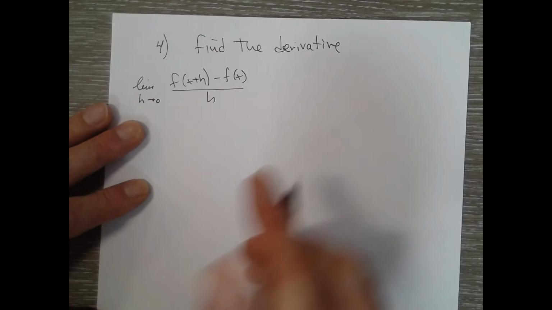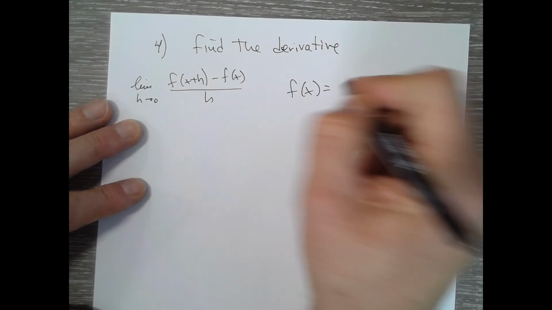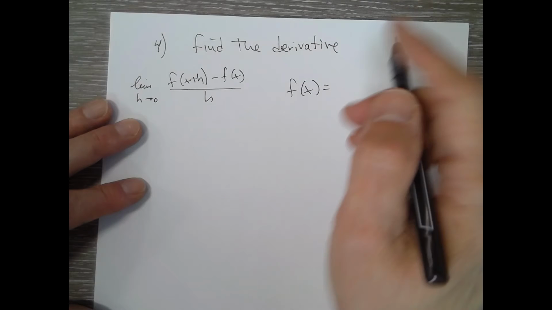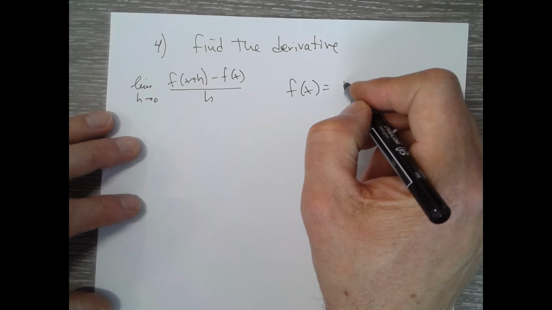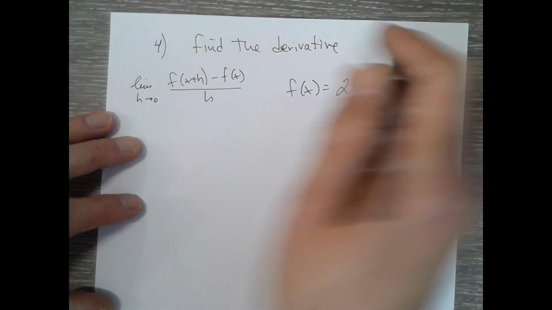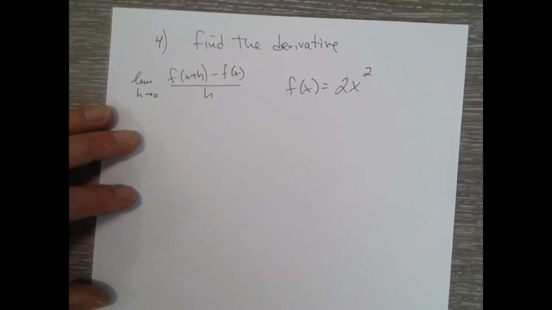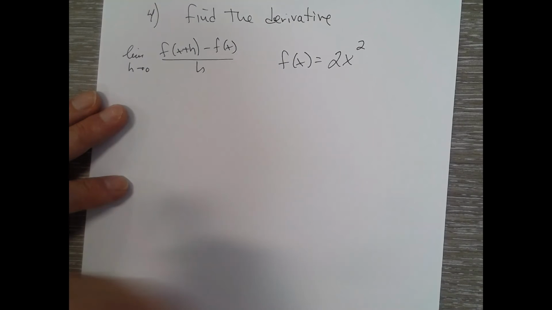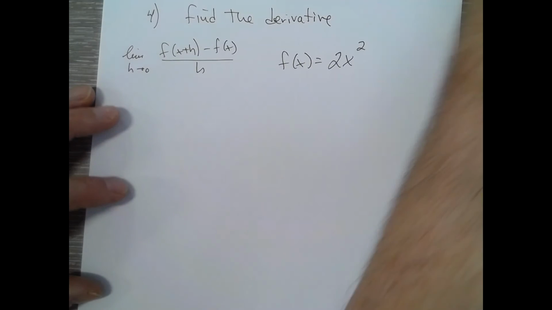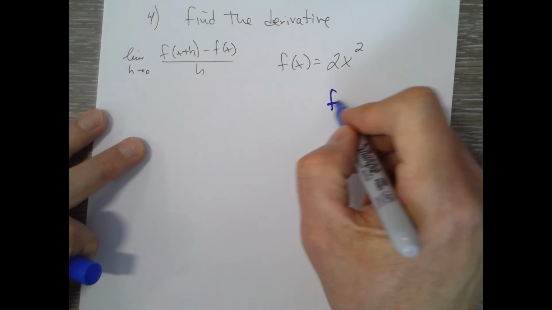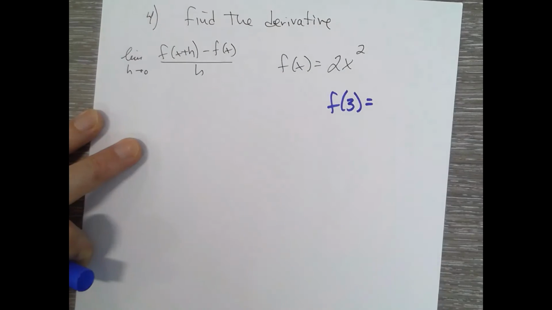So let's say our function is 2x squared. If my function is 2x squared and I ask you to find f of 3, what would my answer be?